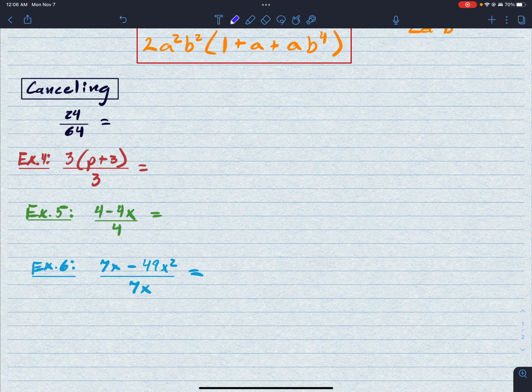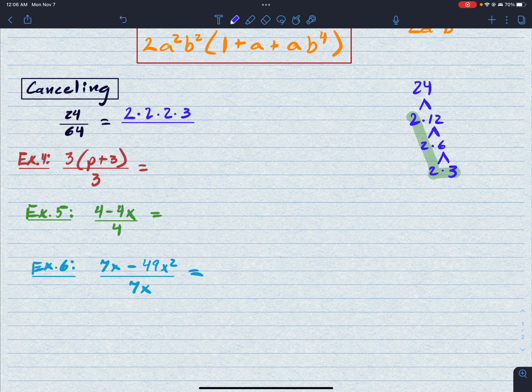So 24, if I come off to the side and break it apart, 24 is 2 times 12, and 12 is 2 times 6, and 6 is 2 times 3. And so we got our little hockey stick here, and 24 is technically 2 times 2 times 2 times 3.